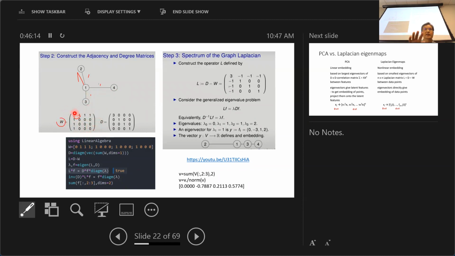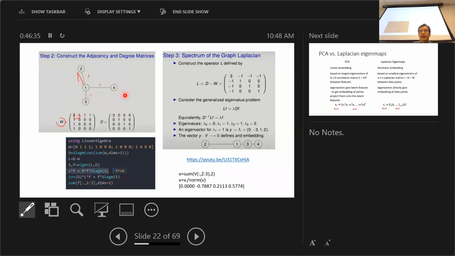Okay, so this is a weighted adjacency matrix. Then you compute the degree matrix, like sum all the columns here and put it in the diagonal position. Node 1 has 3 links, so the degree is 3.